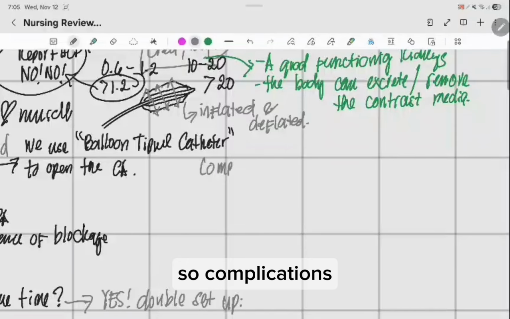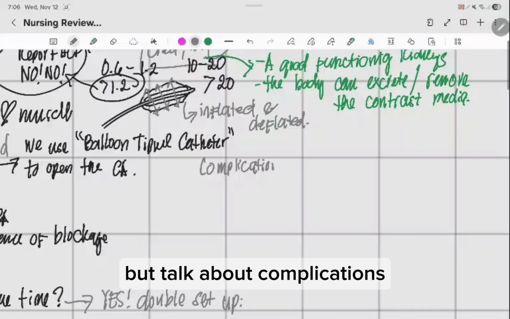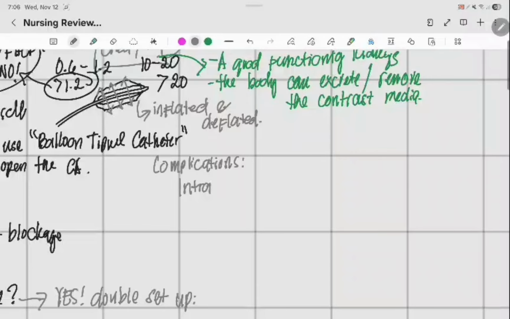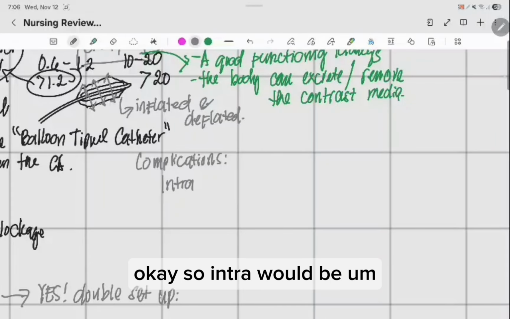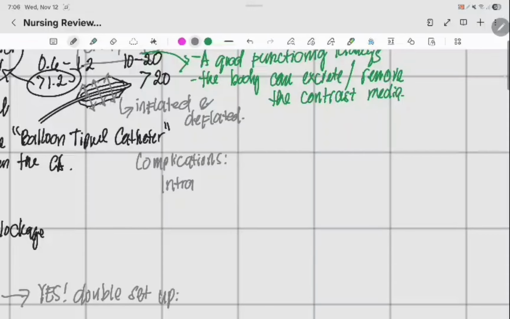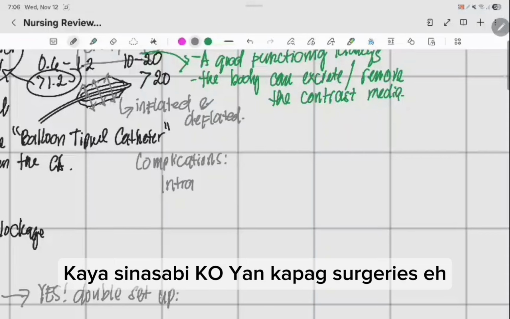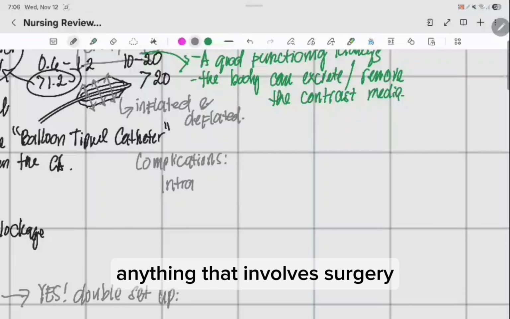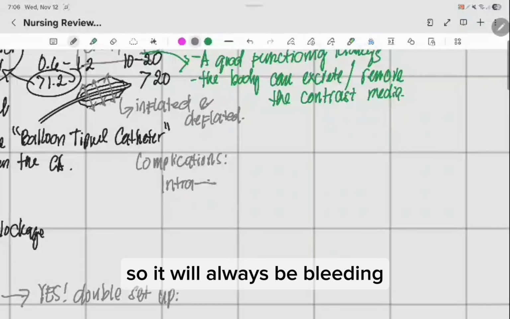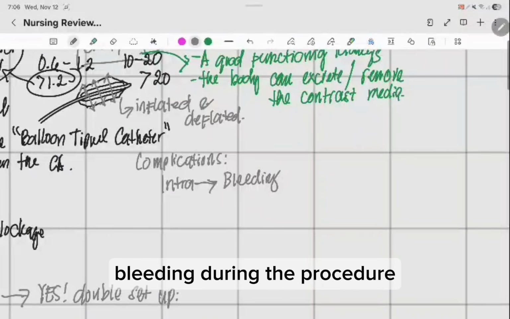Intra would be number one concern natin most of the time, kaya sinasabi ko yan kapag surgeries. Anything that involves surgery, the number one priority during the procedure would be bleeding, di ba? Always and forever yan. So it will always be bleeding during the procedure.